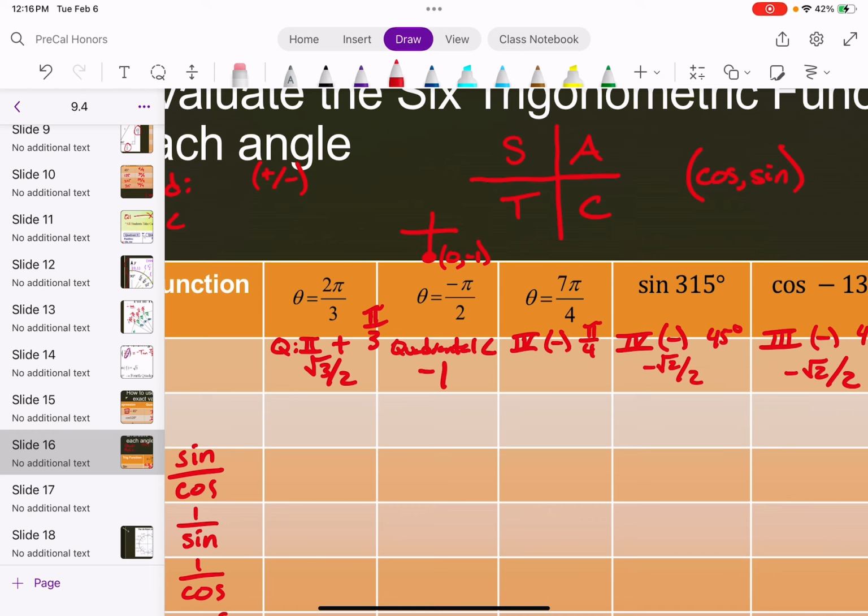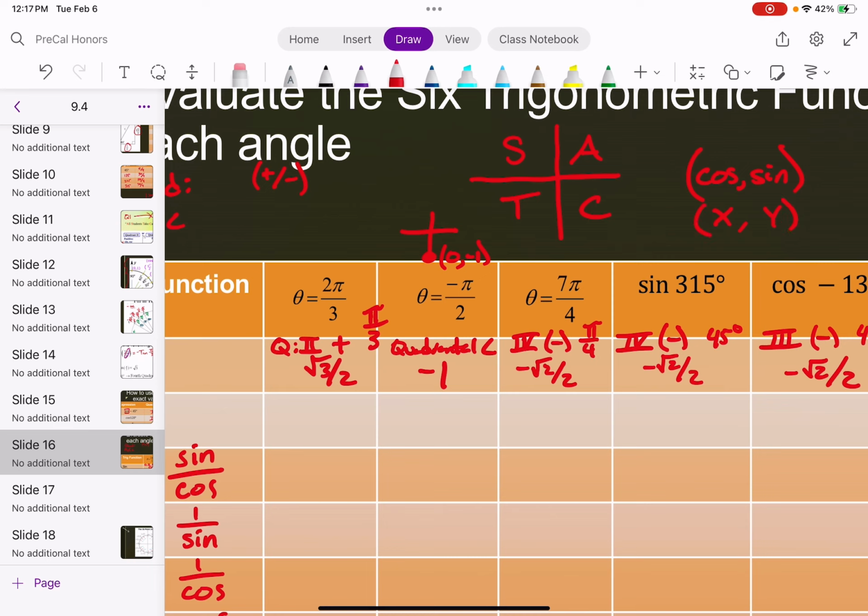And we take a look at the sine of that point, which would be negative square root of 2 over 2. Once again, remember, it is always our cosine that describes the x value of a point. The sine is the y value of the point.